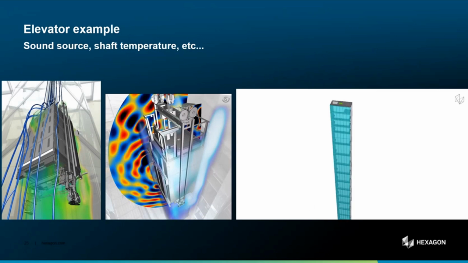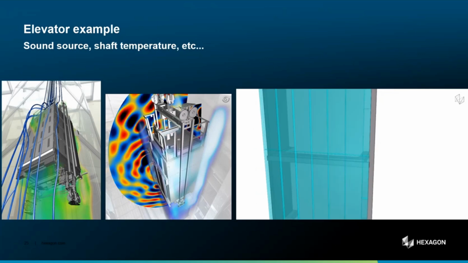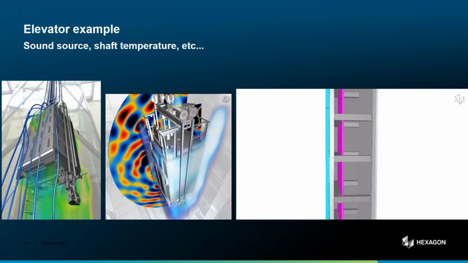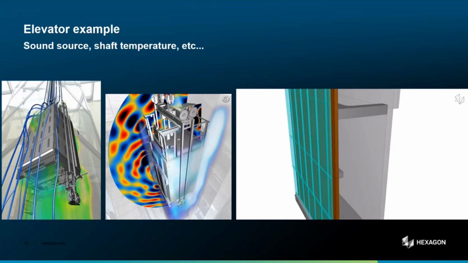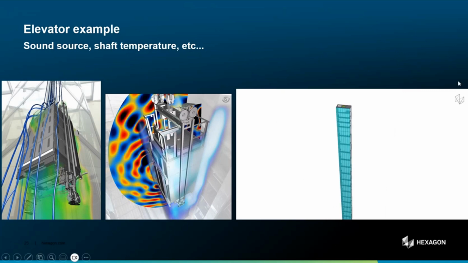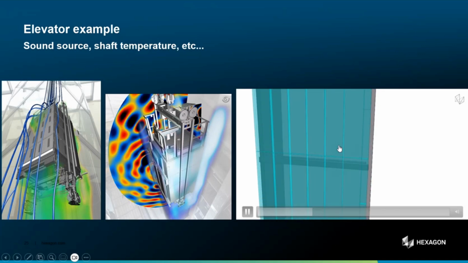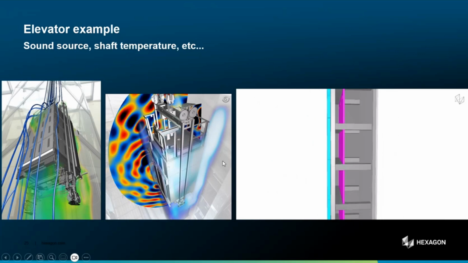Another example here with elevator shaft. So in this specific example, actually the geometry they provided was the full building geometry. So we just isolated here the elevator shaft, but the point was on one side to predict what would be the acoustic, the noise generation from the elevator, but also the thermal ambience here in the elevator shaft, because you have to be sure that the temperature remains in a reasonable range to make sure that all the machinery will be working in good condition.